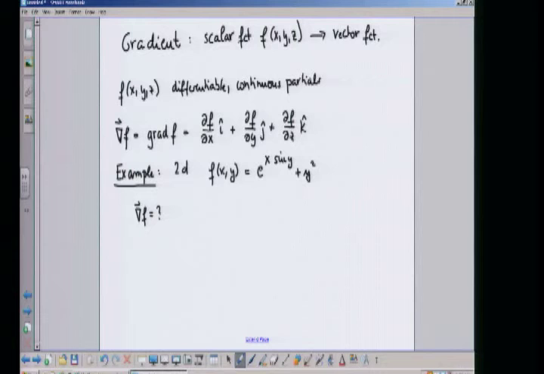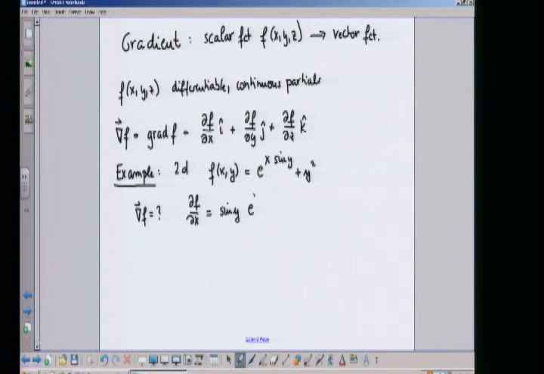So let's write down the 2 partial derivatives, df dx. Well, if you look at this function, you have to use the chain rule, right? And the chain rule is also summarized in 9.6 if you're unsure about it. So you have to take the outer derivative of the exponential first, right? So this will reproduce e to the x sine y. And then there's an inner derivative of x times sine y, which will just bring a sine y down.